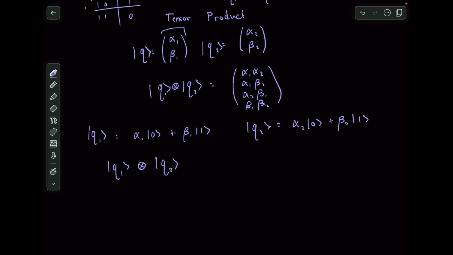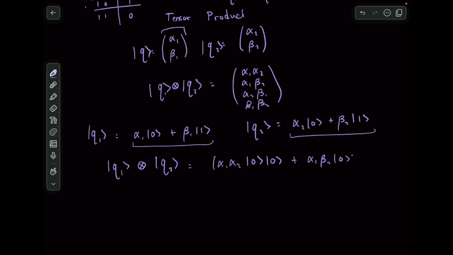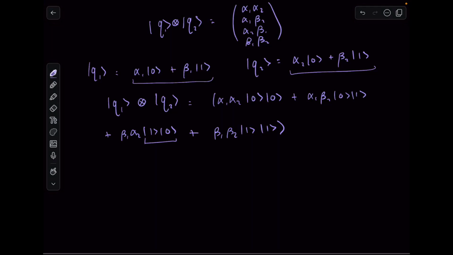We'll have alpha 1 alpha 2 |00> plus alpha 1 beta 2 |01> plus beta 1 alpha 2 |10> plus beta 1 beta 2 |11>. And now I said that whenever you have two kets like this, it implicitly means you're taking the tensor product.